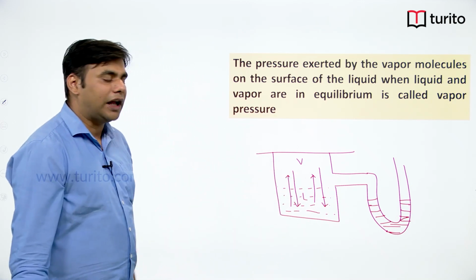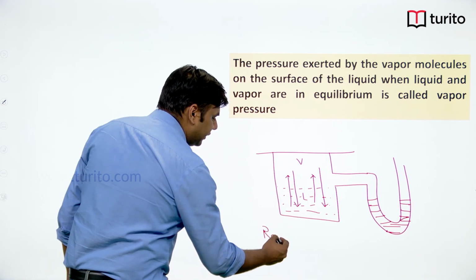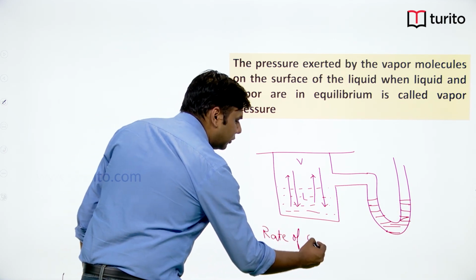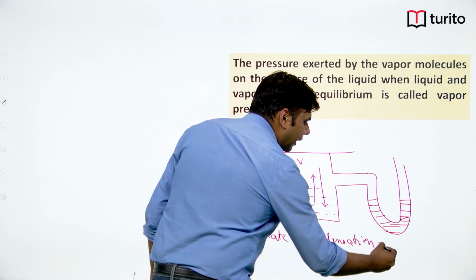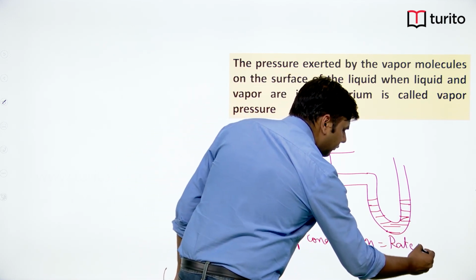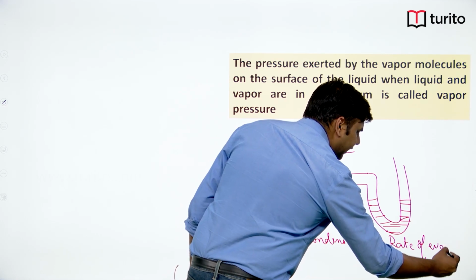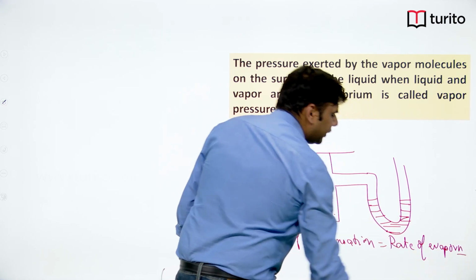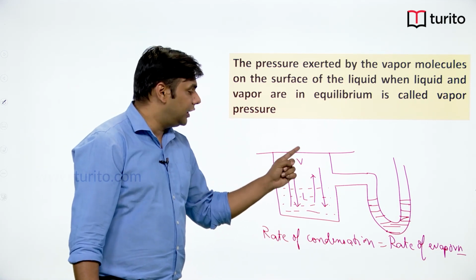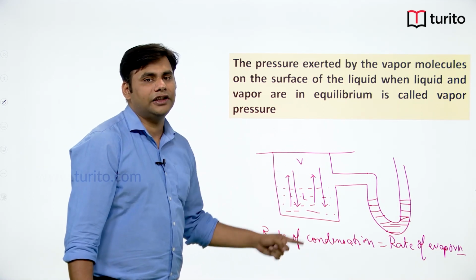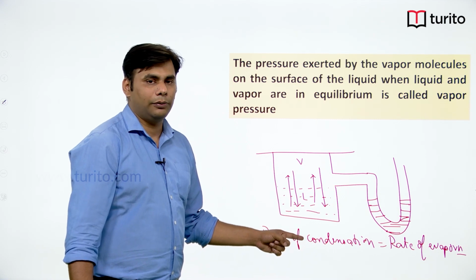So at equilibrium, the rate of condensation becomes equal to the rate of evaporation. That means the number of molecules that are escaping out from the liquid becomes equal to the number of molecules that are condensing back into the liquid from the vapor state.